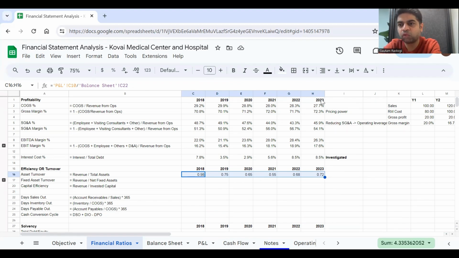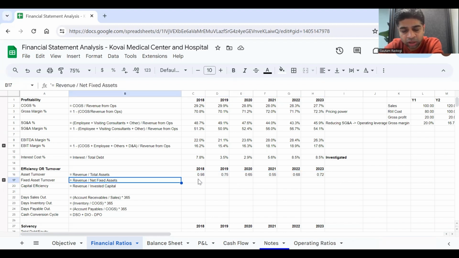Right now the medical college is in its fourth year of operation. So in year 2024, you may have a better view of their overall asset turnover. That's the reason there was a dip, and now it's slightly improving, right?